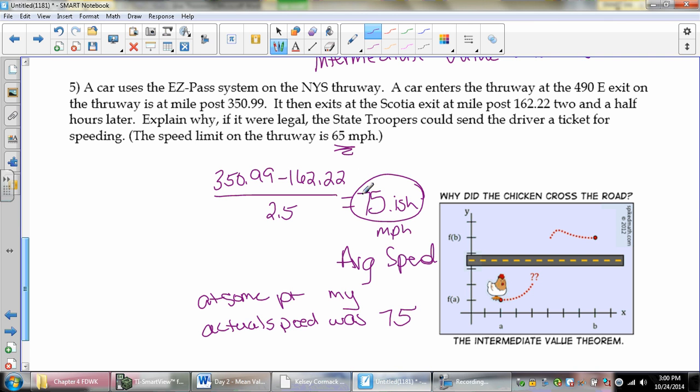No, I'm only allowed to go 65 miles on the Thruway. That's why, if it were legal, I don't think it is right now, but if it were legal, state troopers could totally send the driver a ticket in the mail for speeding. Because they know I average 75 miles an hour. That means I was going more than 75 at some point, and at least 75. So they could totally send me a ticket and say, you were speeding, we've taken calculus, busted.